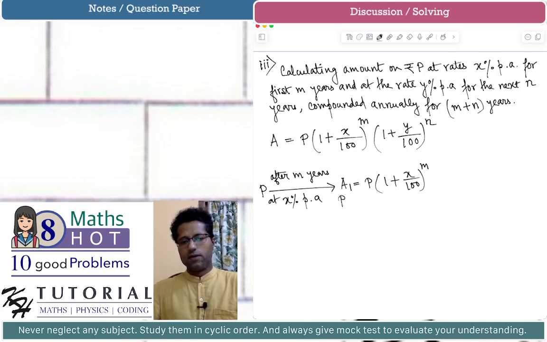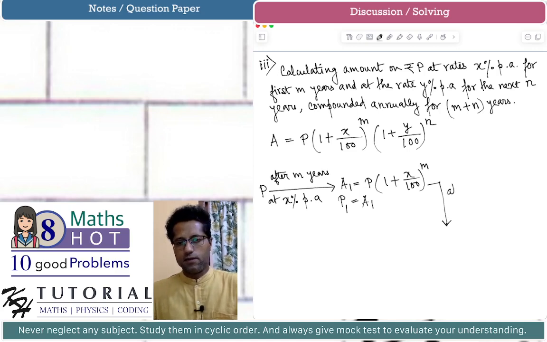So definitely the principal for calculating the total amount for the next n years will be P1, which is equal to A1.